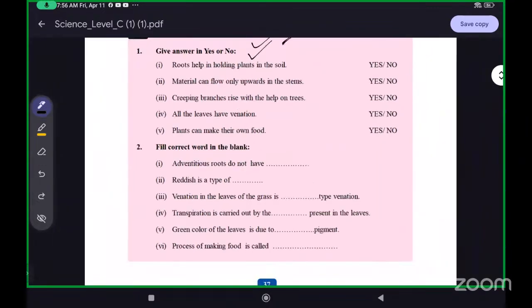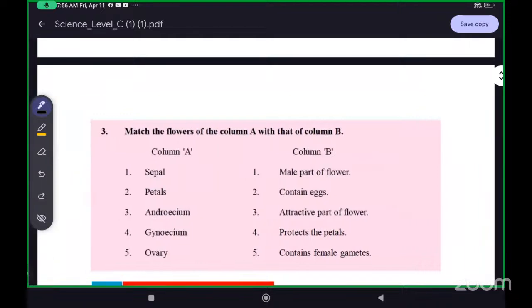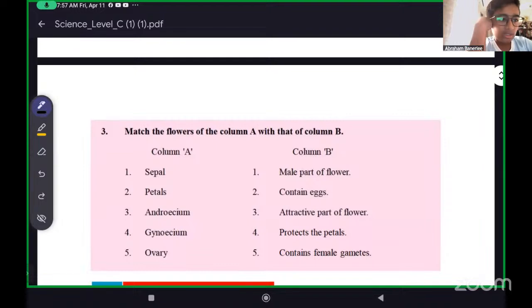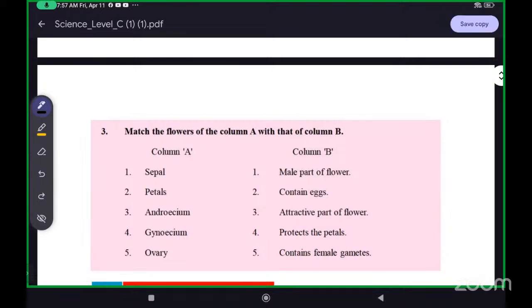Ma'am. Yes, Abraham. Ma'am, I don't think the male part of the flower is in the stigma. I think it's in the anther. Can you just verify, ma'am? That's what I'm saying, Abraham. Male part is the anther and filament. Ma'am, that's exactly the same thing I'm trying to say. No, I said that the female part is stigma, style, and ovary.